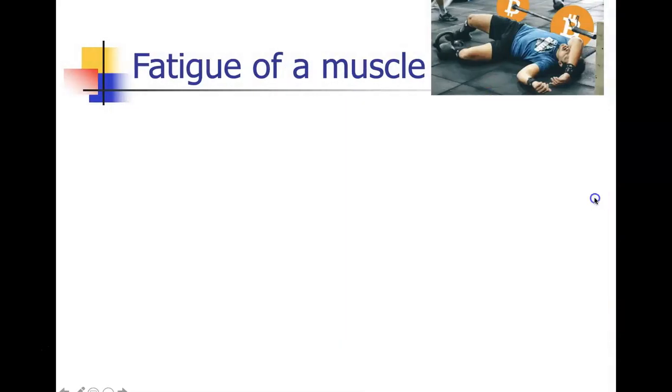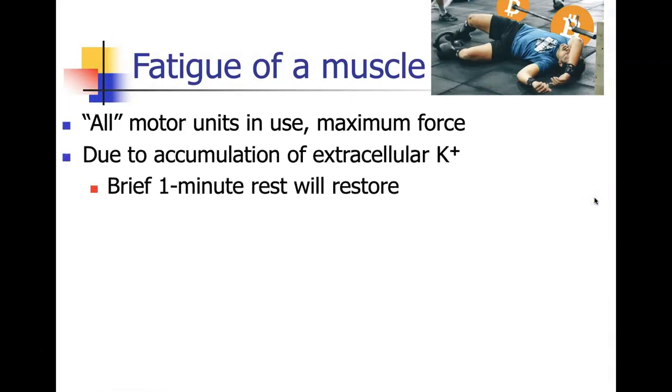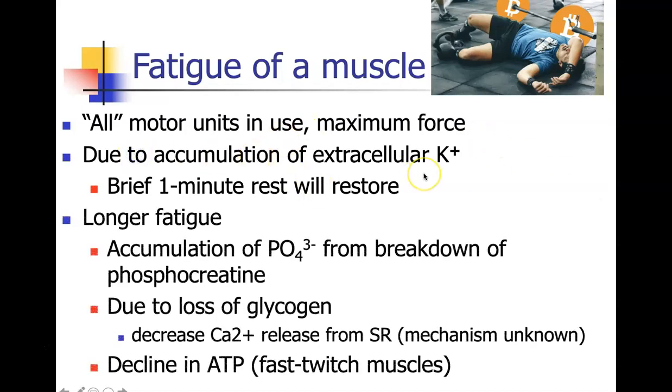When we use all motor units to produce maximum force, at some point there's going to be fatigue. And we get accumulation of extracellular potassium, but a brief 1-minute rest will restore this.